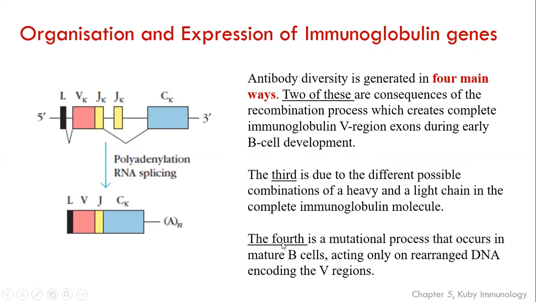And the fourth is a mutational process called somatic hypermutation that occurs during maturation of the B cells, where the DNA is again altered in the V regions. So fundamentally, if you write these 4 steps, that comes to the conclusion of the generation and diversity of the antibodies.